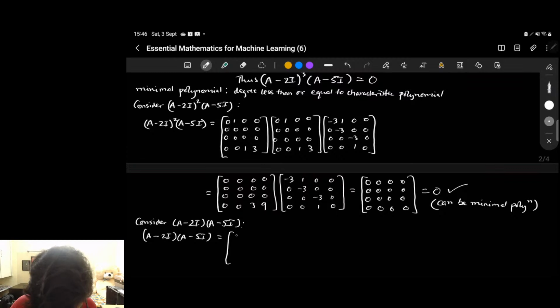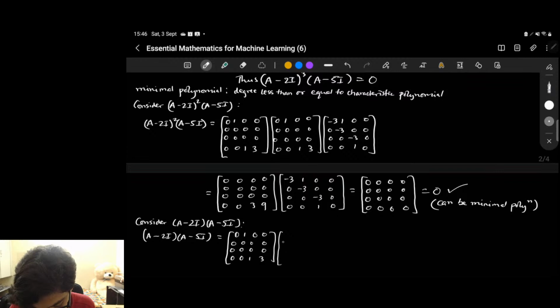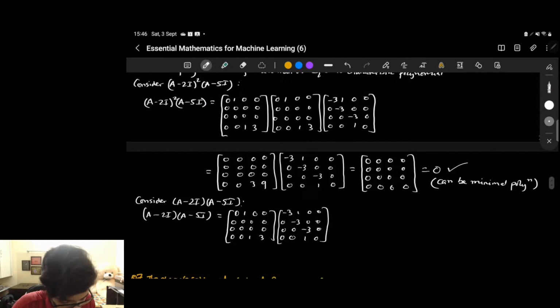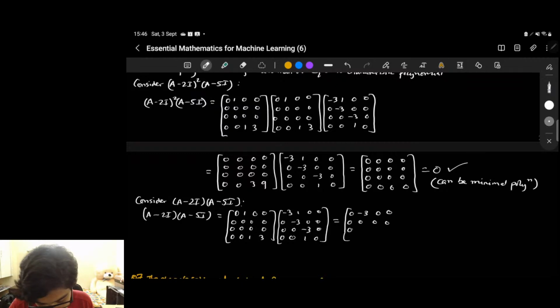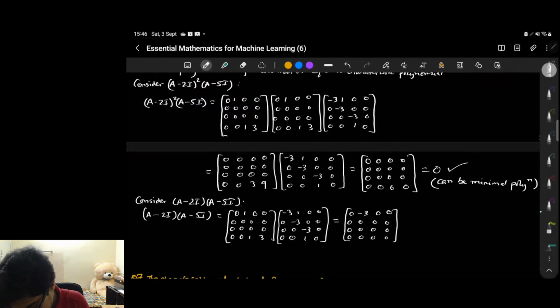So this would be 0, 1, 0, 0. This is A minus 2I and then A minus 5I. So let us do the multiplication. You see that this is a non-zero matrix because we have a non-zero element present in this matrix over here.